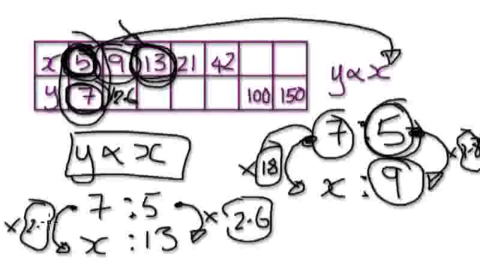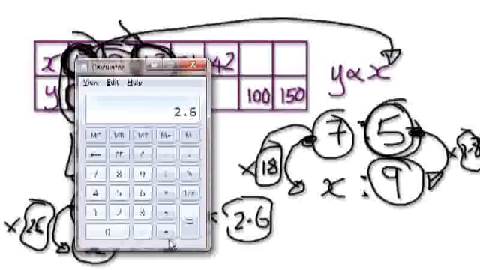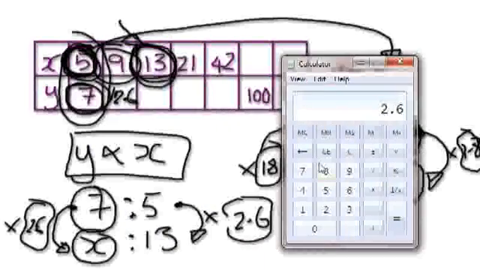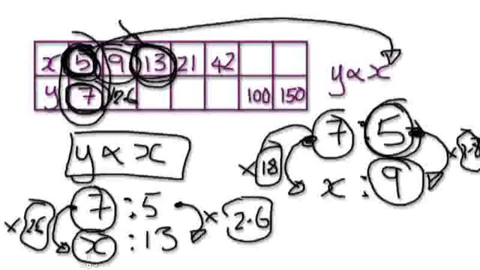So it's going to be 2.6 over here. If you want to know x here, it will be 7 times 2.6, which equals 18.2. So this here will be 18.2.